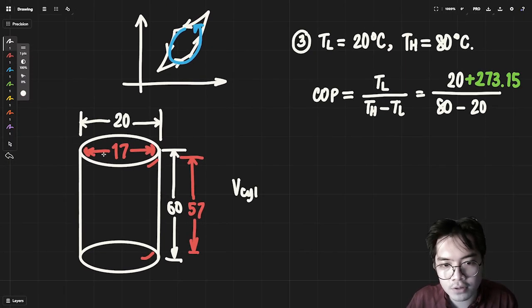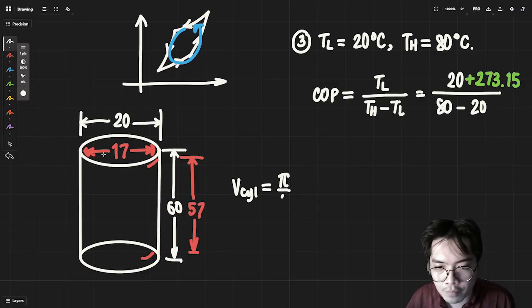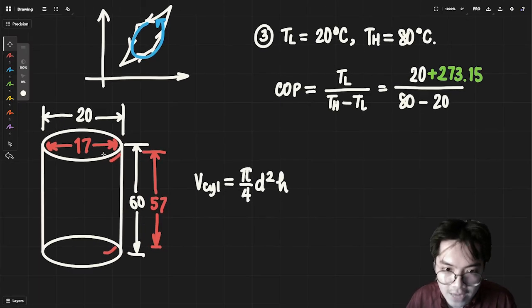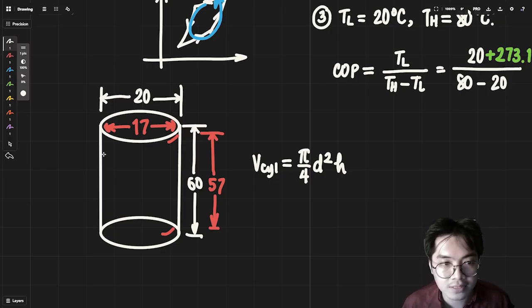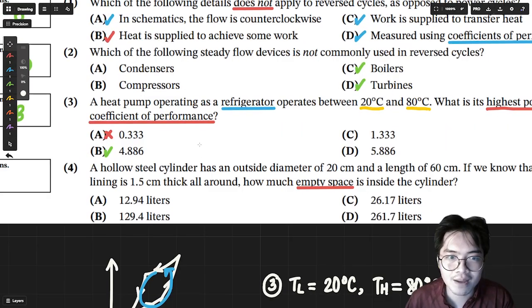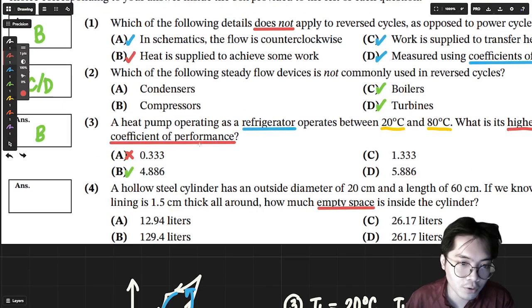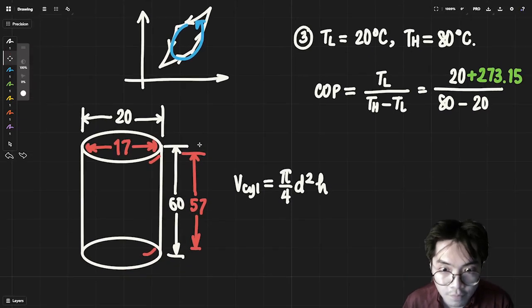The volume of a cylinder is pi r squared height, or the big boy version, pi over 4 d squared times height. And something I teach to my students is called mise en place. If you're already detecting that there are units that you don't want to use, let's say centimeters, you might already want to convert them in your head before you even write it down.